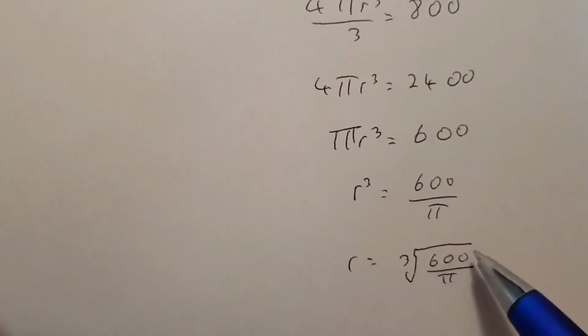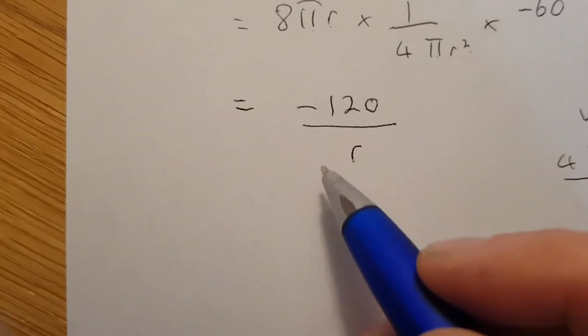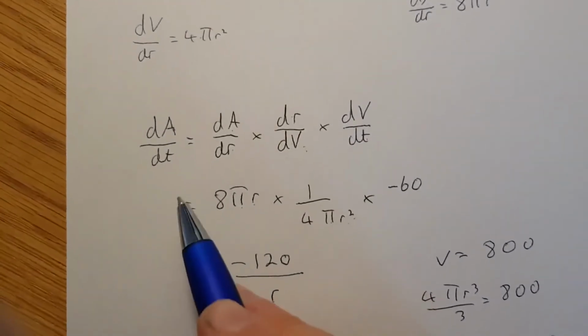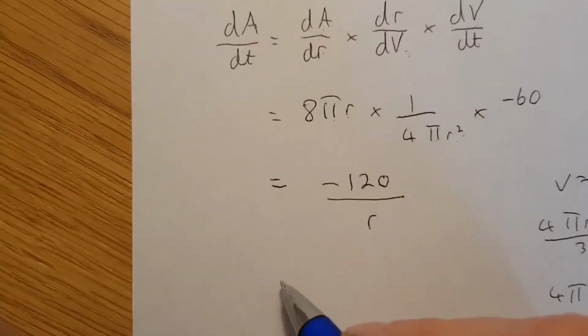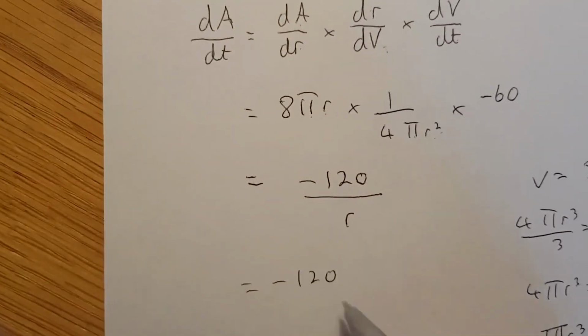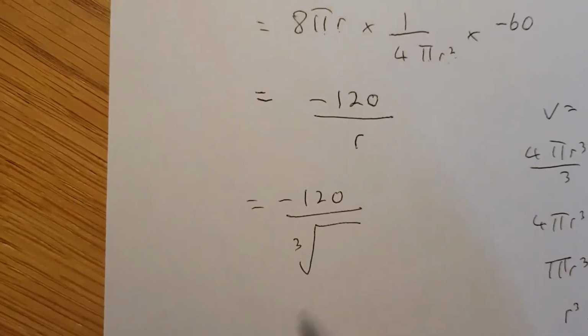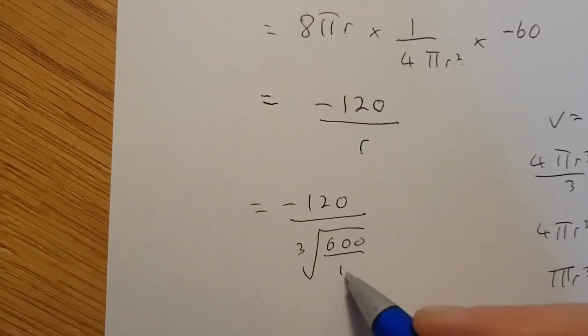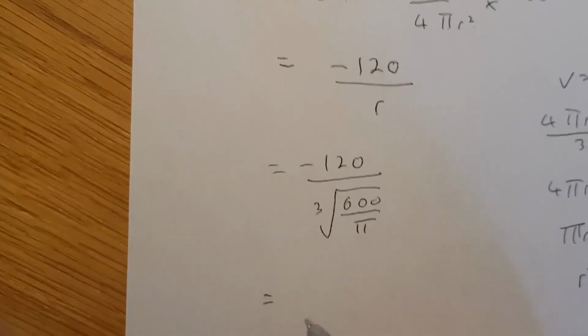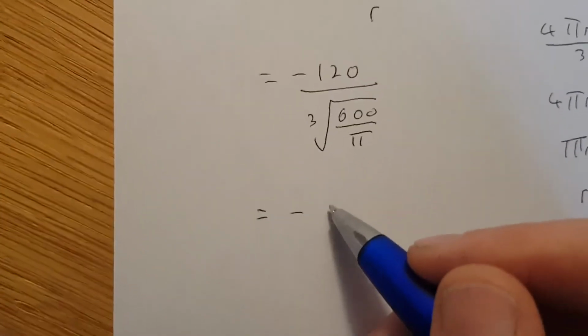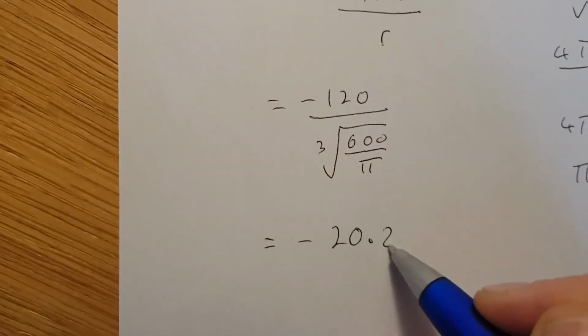So using the radius there, I can then go back and substitute it into my original dA by dt. So I end up with negative 120 divided by the cube root of 600 over pi. And when I type that into the calculator, I'll get an answer of negative 20.8.